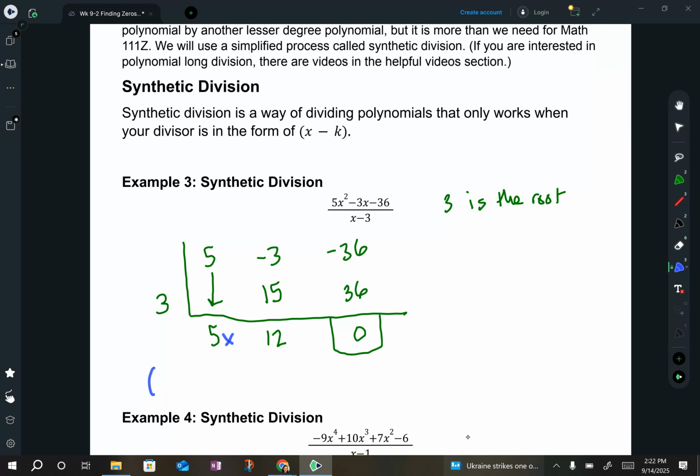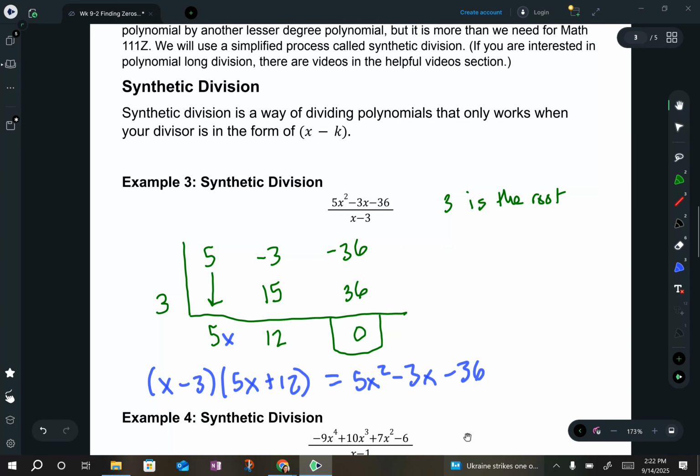Or x minus 3 times 5x plus 12 equals 5x squared minus 3x minus 36. So because if you divide that by x minus 3 and you get 5x plus 12, that means that those things multiply together to get the original value. Let's try another example.